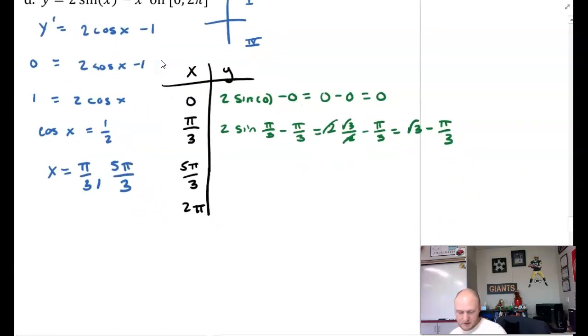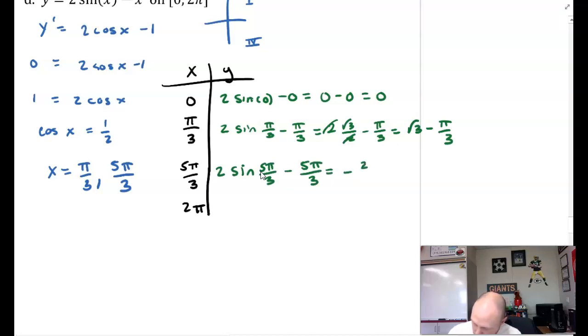All right. 5 pi over 3, okay, so same idea, 2 sine of 5 pi over 3 minus 5 pi over 3, and this gives us a negative 2 times negative root 3 over 2, okay, minus 5 pi over 3.